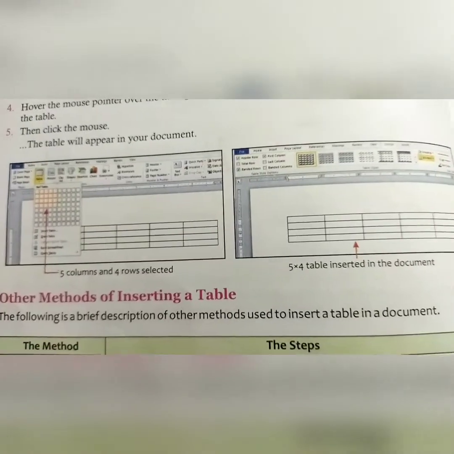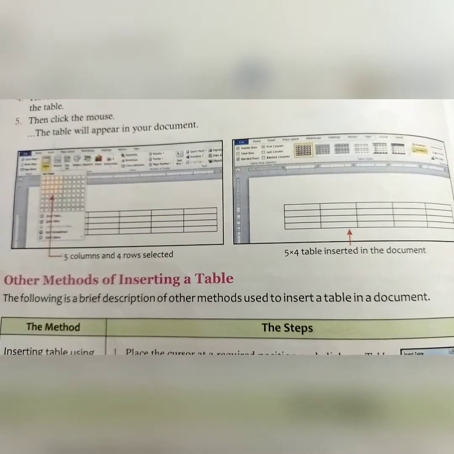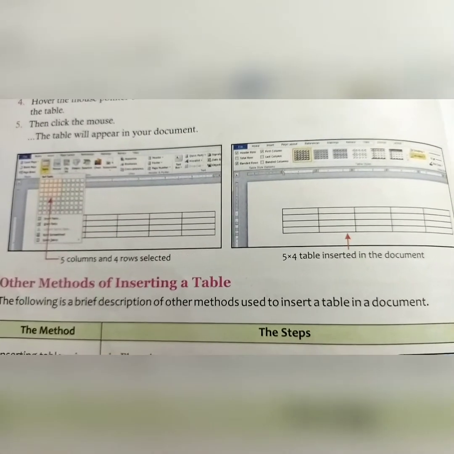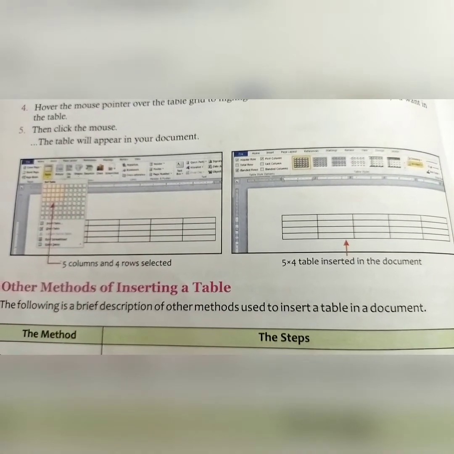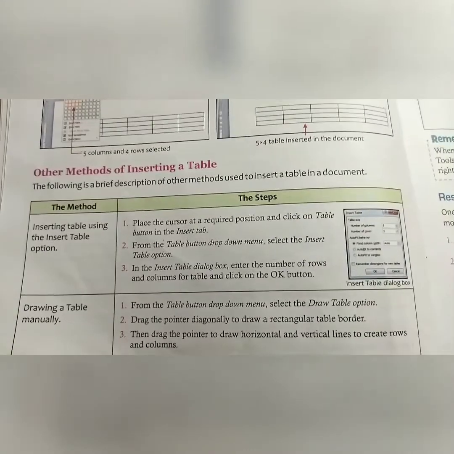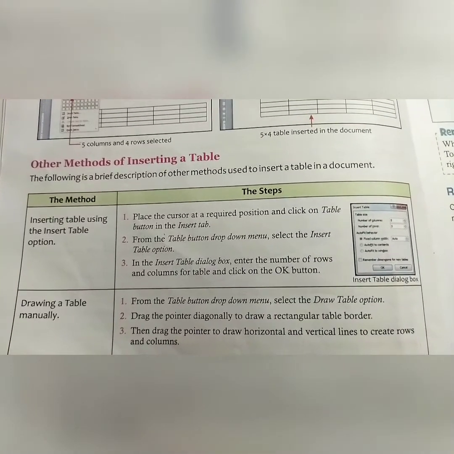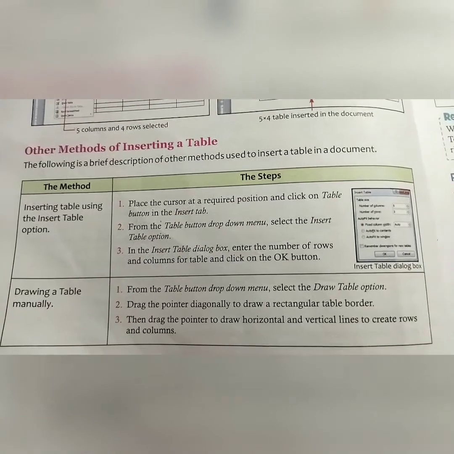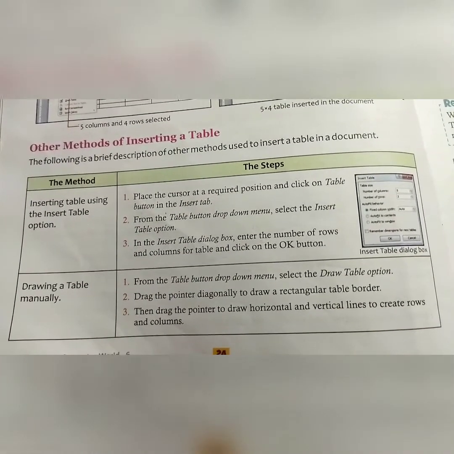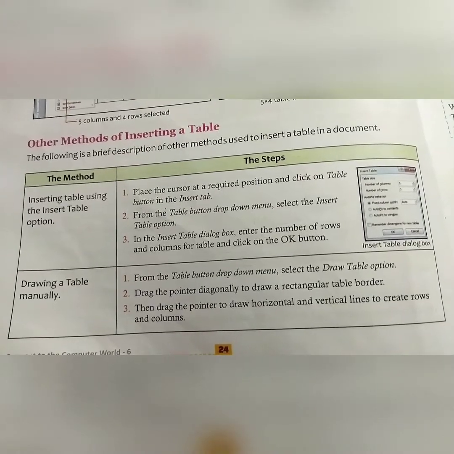Look at a picture for comparison in a table. First is the 5 columns and 4 rows selected. Other is the 5 into 4 table inserted in the document. So now the next step is other methods of inserting a table. First method, students, is inserting a table using the Insert Table option.